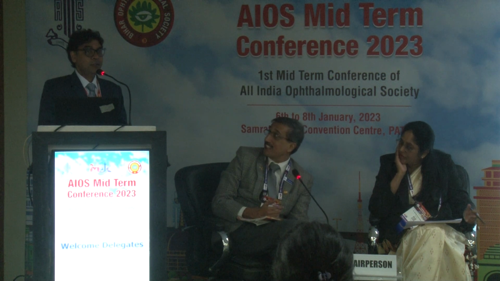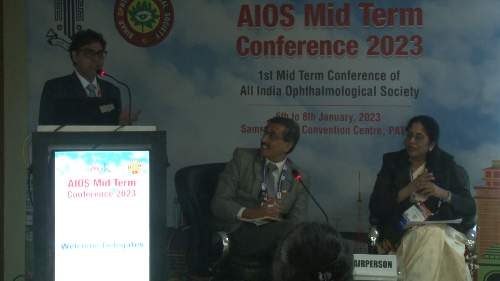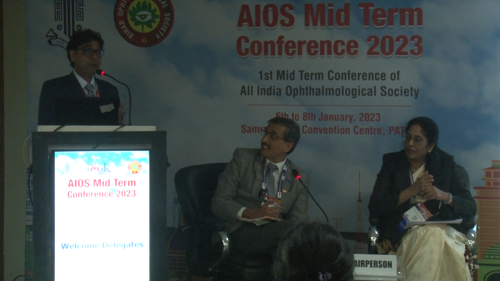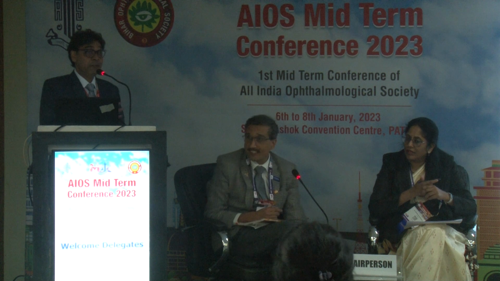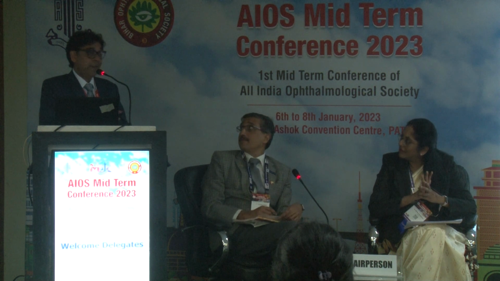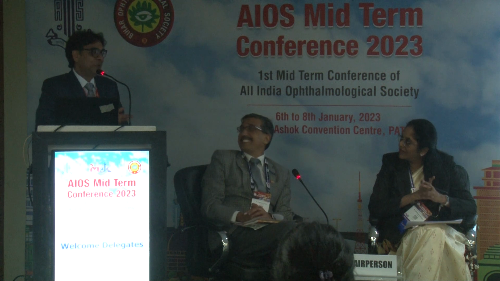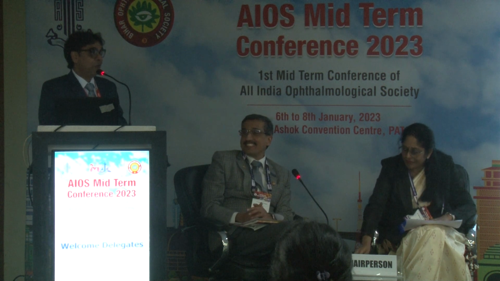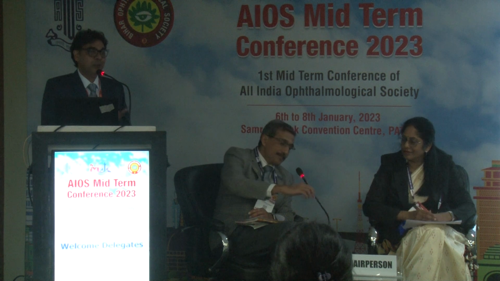Yes, very true. I could have done a SICS in this case as well. But unfortunately in my hands, whenever I've tried to do SICS with very dense brown cataracts, I've had the bag come along with the nucleus. So for me, doing phaco is easier than doing SICS in these dense brown cataracts.